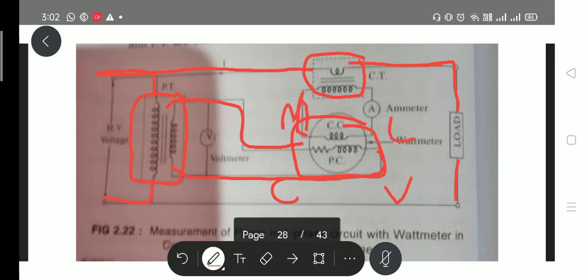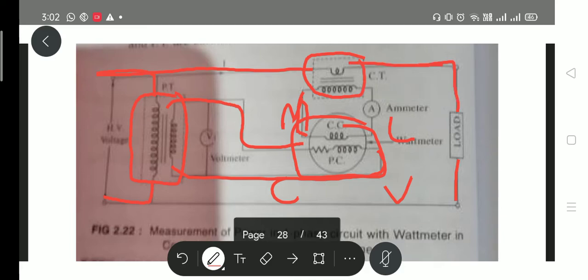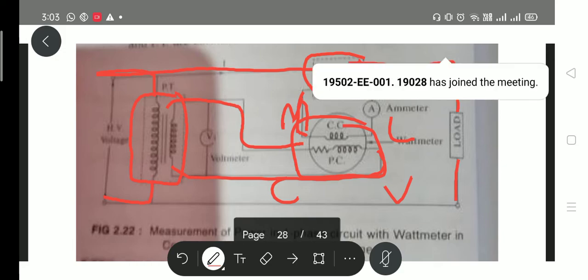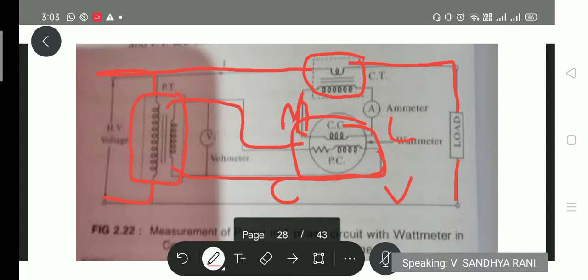MLCV, right? What are the MLCV terminals? In a wattmeter we are using the MLCV elements. What are those elements? Has anyone seen them in lab?